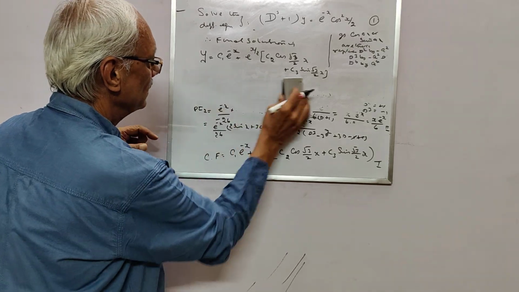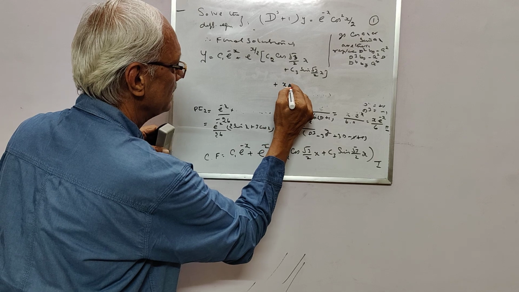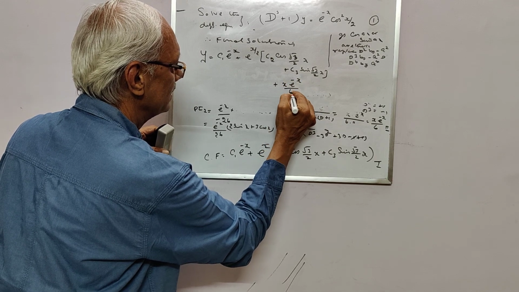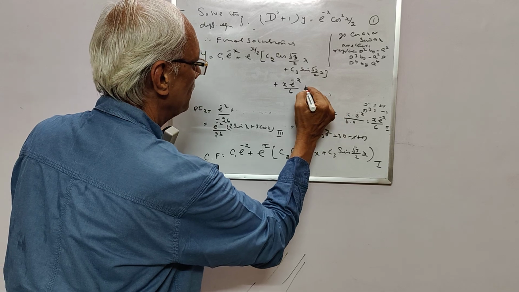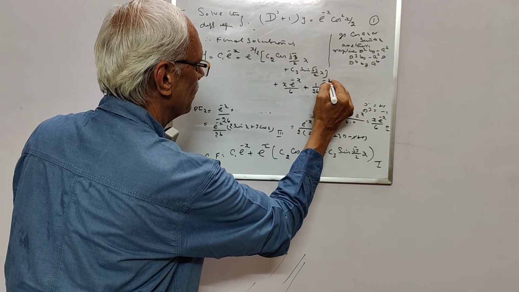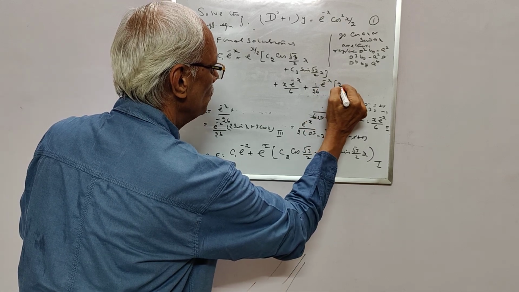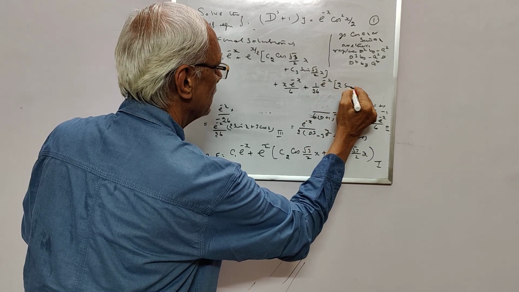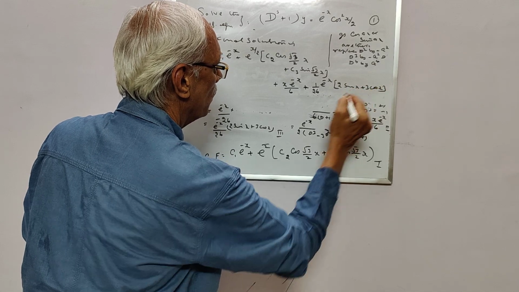Then plus the particular integrals. First one is x into e to the power of minus x by 6. The second one is plus 1 by 26 e to the power of minus x into within brackets 2 sin x plus 3 cos x.